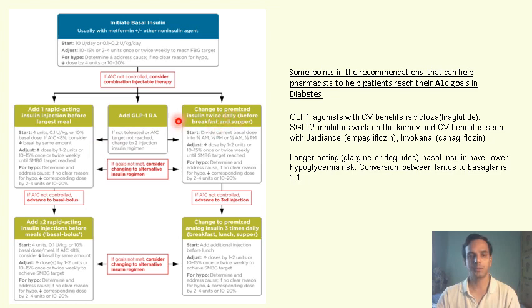Or a pre-mixed insulin twice a day. If it's still not controlled, you can add a second rapid-acting insulin before meals, basal bolus. And if you've gone with the premix, you can change the premix to 3 times a day instead of 2 times a day.